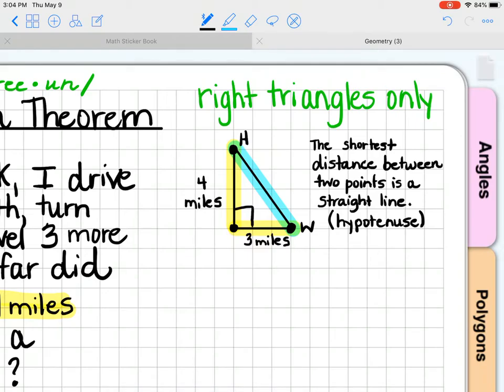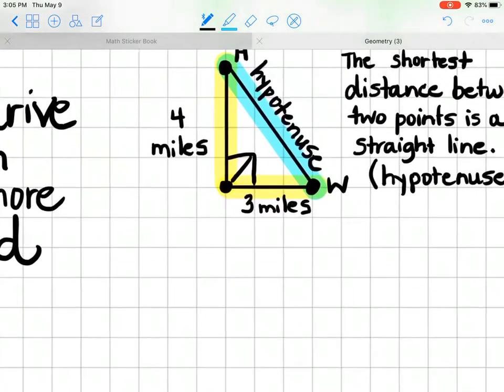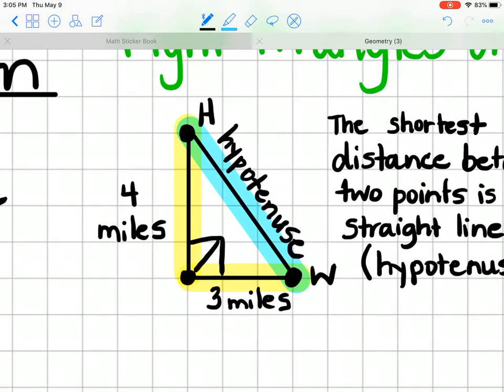If you picture the right angle as an arrow, it's pointing to the hypotenuse. Okay, and this is why it only works with right triangles. So let me zoom in there. The hypotenuse is the shortest distance between those 2 points.